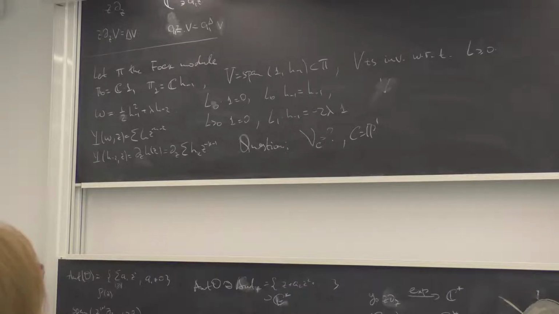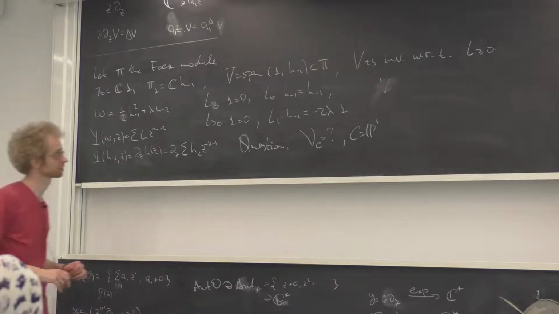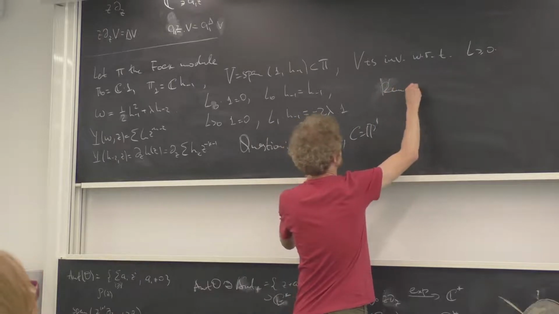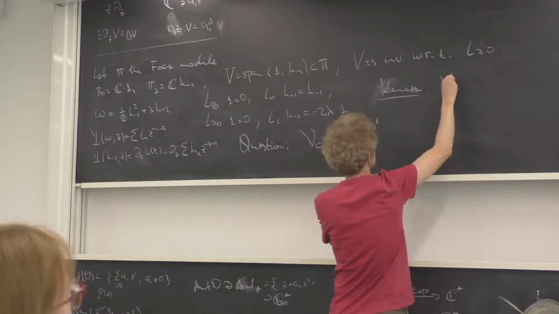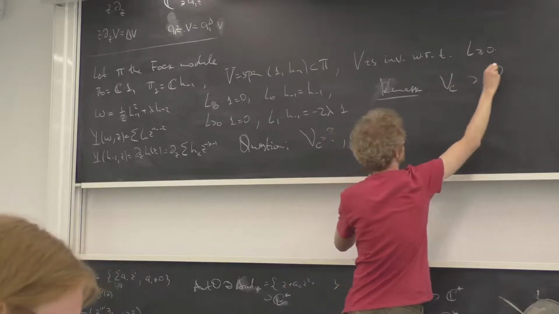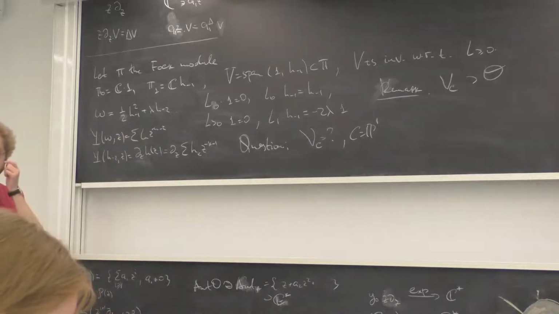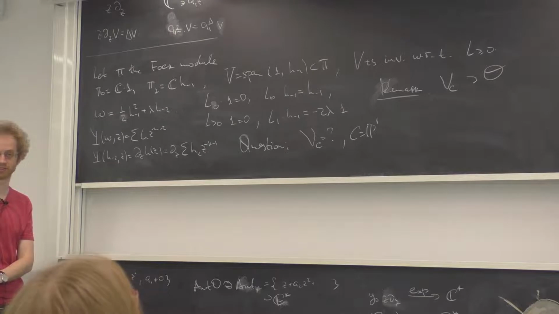Yes? It's a good point. So remark that this VC contains O, right? Because this O corresponds to the highest weight vector with the action of L0 just trivial, and therefore this is it.